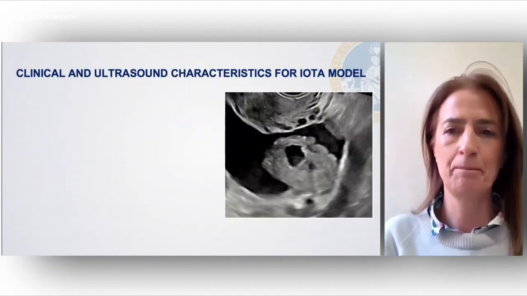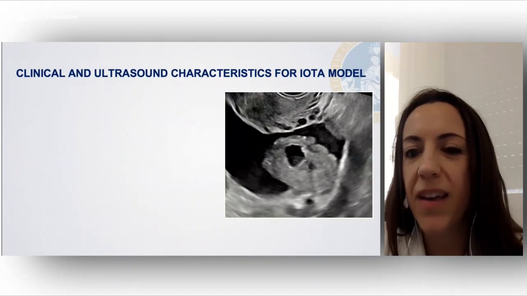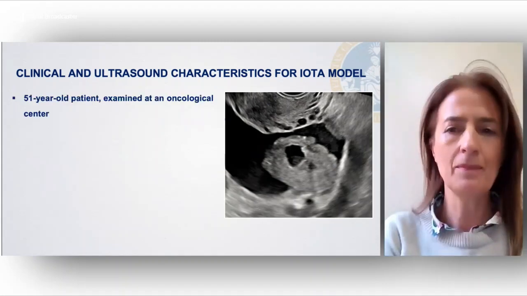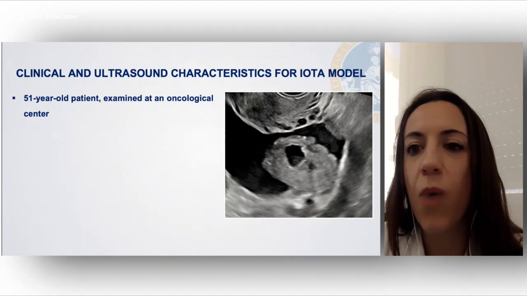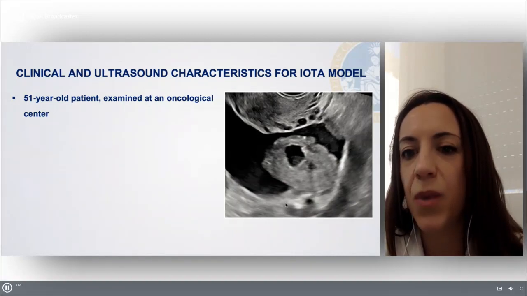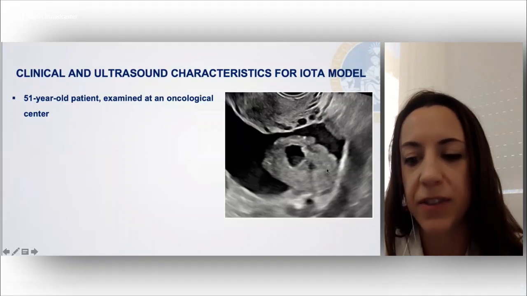So we can apply the ADNEX model to the left lesion, which was target 1. Why the left? Because we have 1 multilocular solid on the right and 1 solid on the left. So the worst morphology was on the left, solid, and we apply this model on the left.